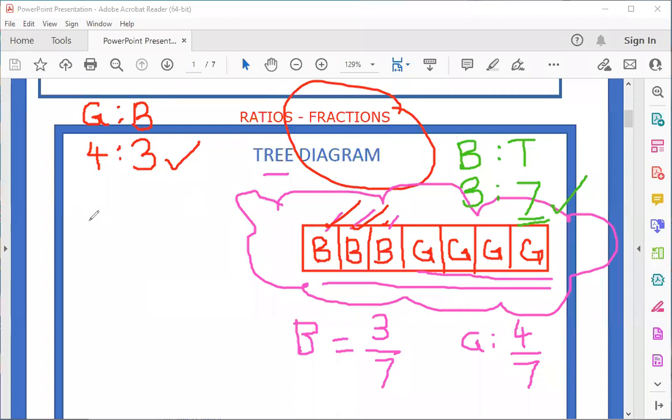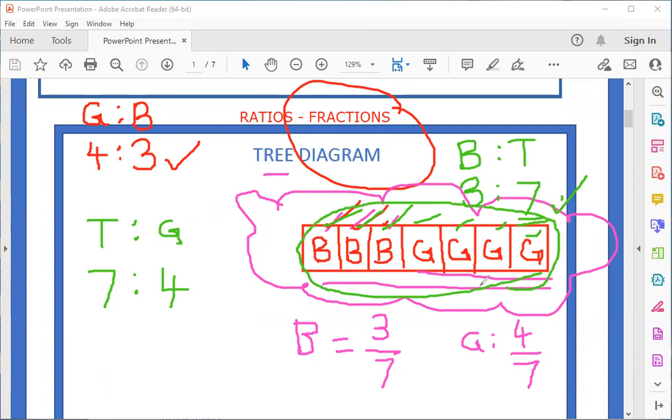For example, what is the ratio of total to green? So the total is 7 and green is 4. So remember one thing. When you add up all the parts in the ratio, you have a total. And how do you understand this?